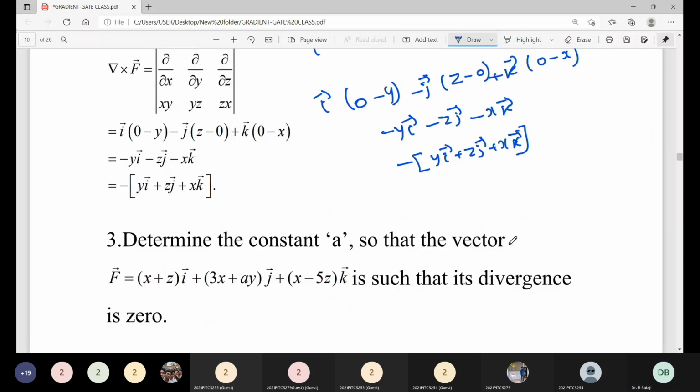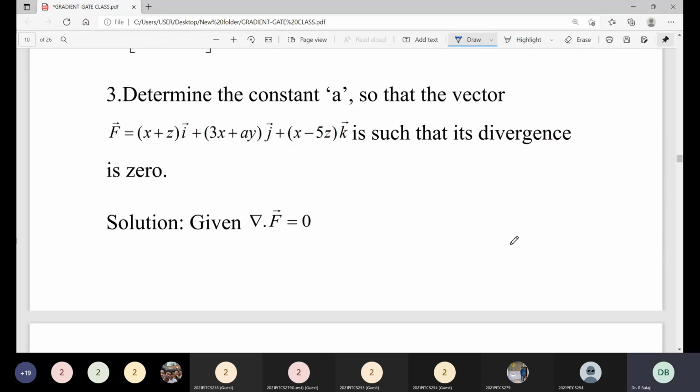Next. Determine the constant a so that the vector f is equal to (x plus z) i vector plus (3x plus ay) j vector plus (x minus 5z) k vector is such that its divergence is 0. Divergence is 0 means del dot f is equal to 0.